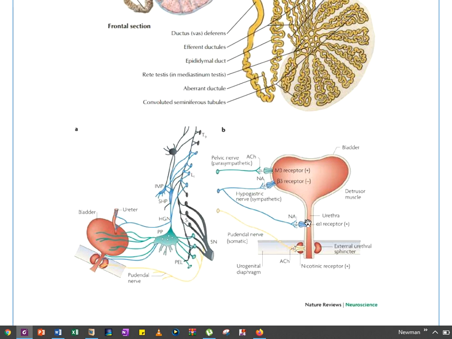So as to prevent the urinary bladder from contracting and make the internal urethral sphincter close, it leads to inhibition of micturition. This is the impact of parasympathetic and sympathetic on the urinary system.